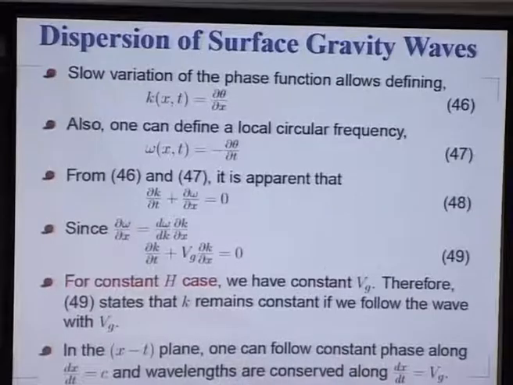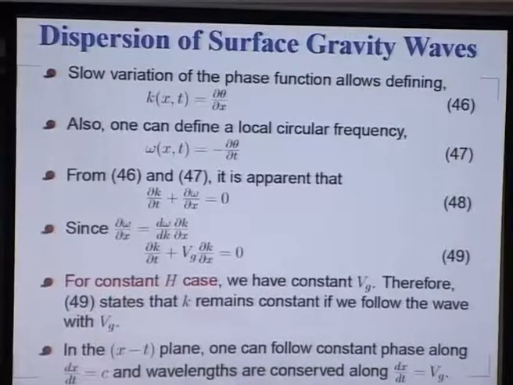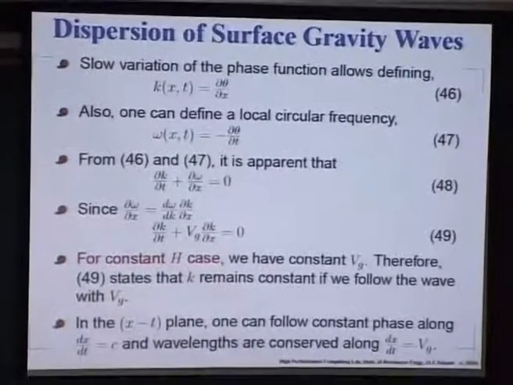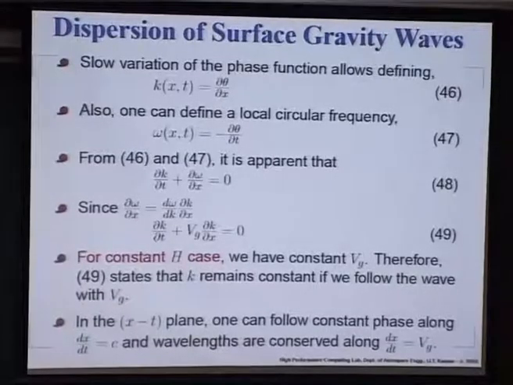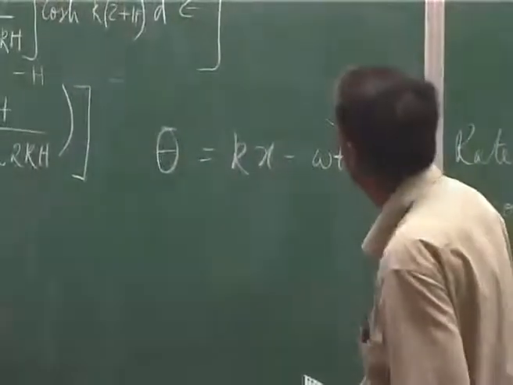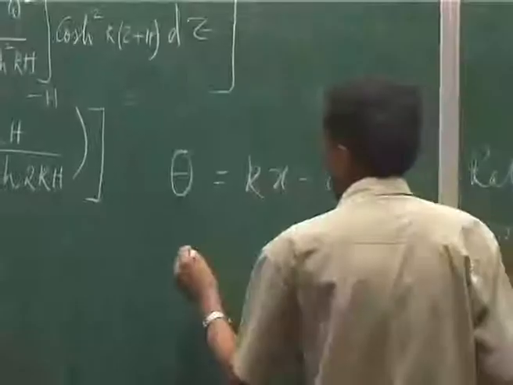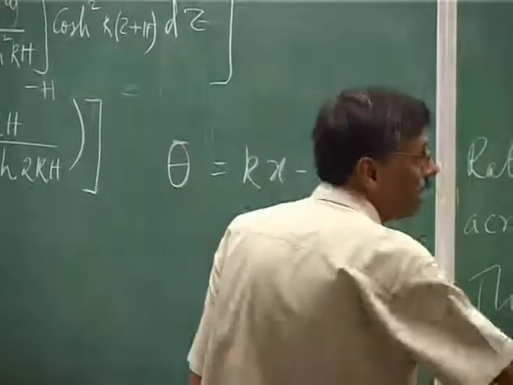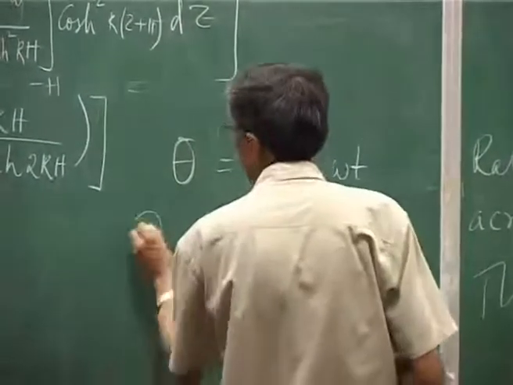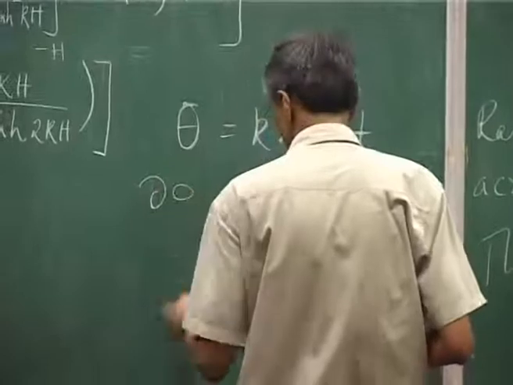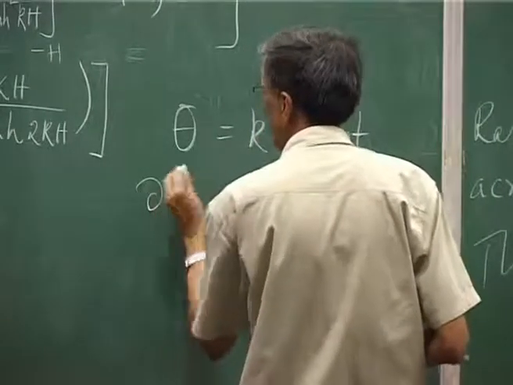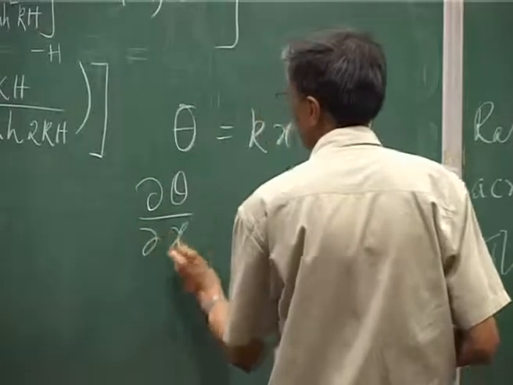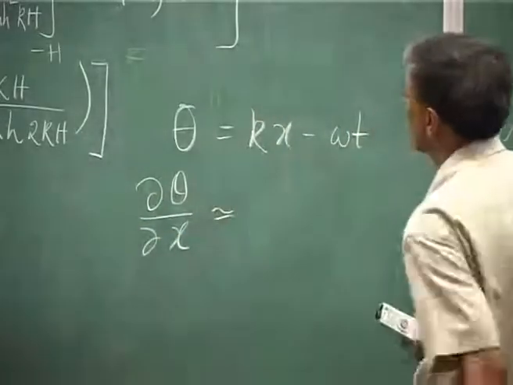So, what happens is, if I have a theta which we wrote like k x minus omega t, then well, I could take a partial derivative of this, d theta dx, a slowly varying function.